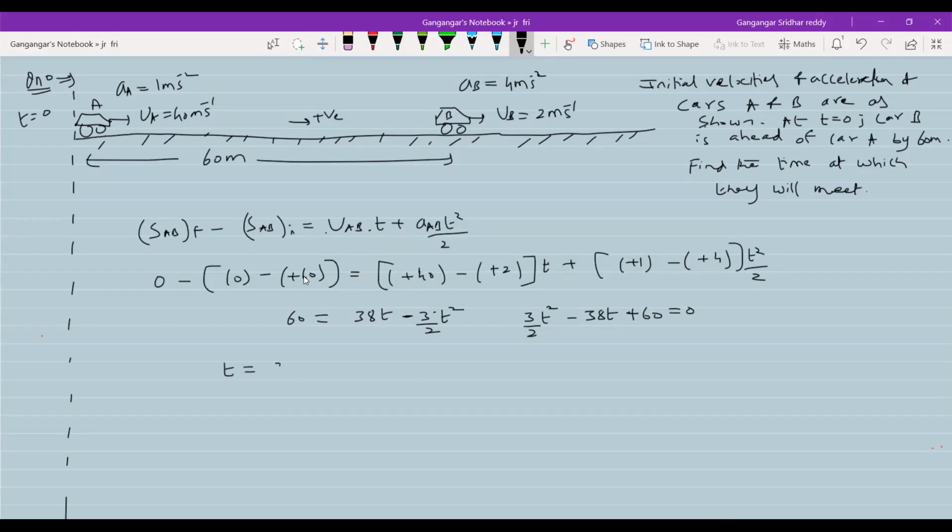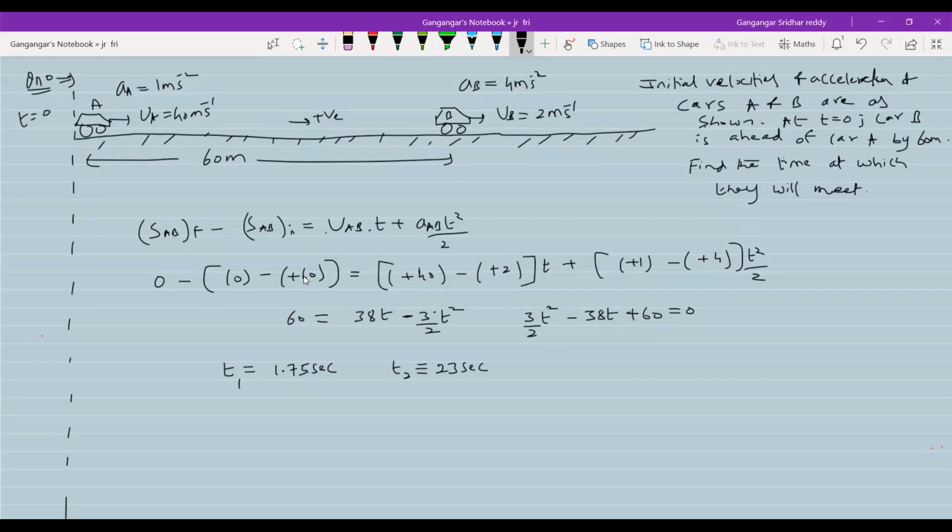Twice they'll meet, so 38 plus or minus 1.75, and 22.9, I'll make it 23. No problem, approximate. So twice they'll meet. What is that? Twice they'll meet.